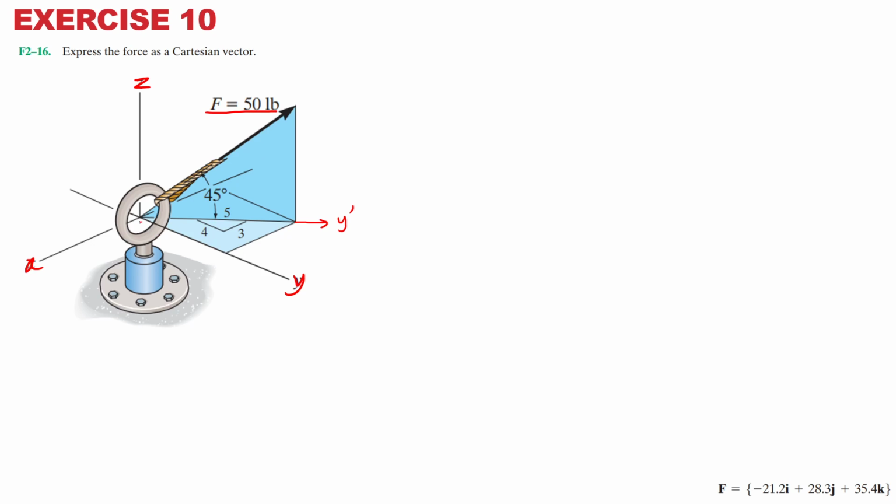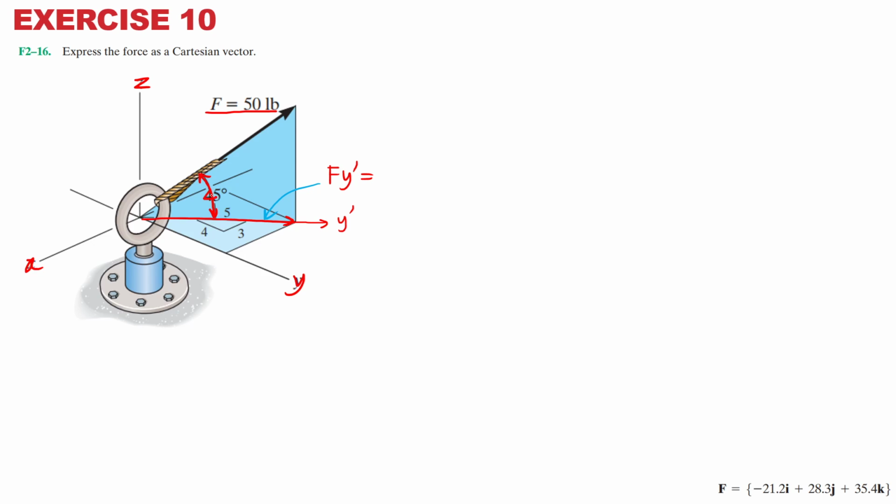You have to put it on the floor. So if it's on the floor, this one is going to be called Fy prime. What is the value? Just look at this.